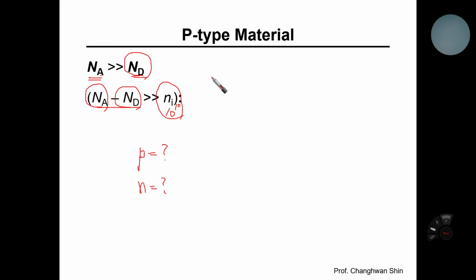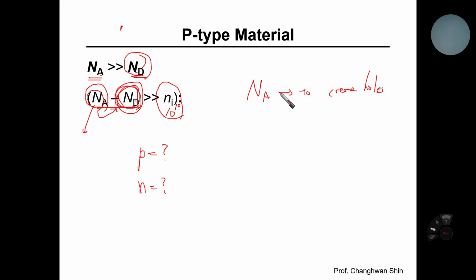Let's do this again. The donors are much fewer than Na. So part of the Na will be used to compensate and cancel out the donors, and the rest of the acceptors will be used to create holes. However, Na is much higher than Nd, so we can simply say that Na itself can be used to create holes.